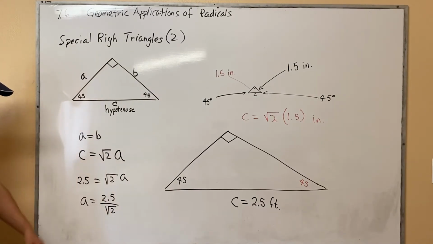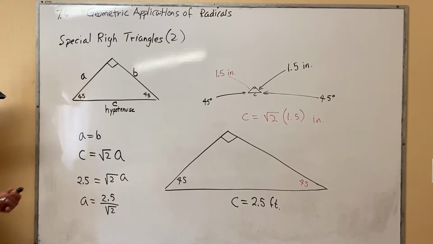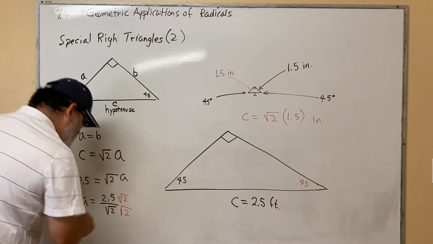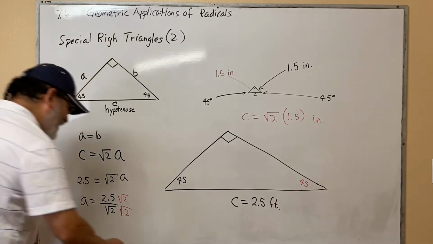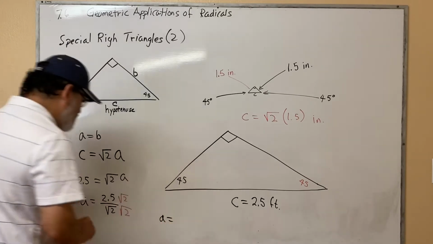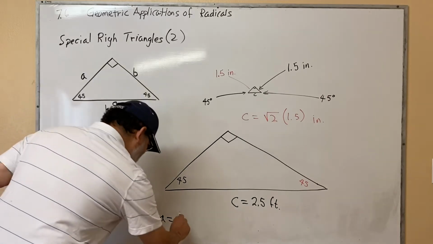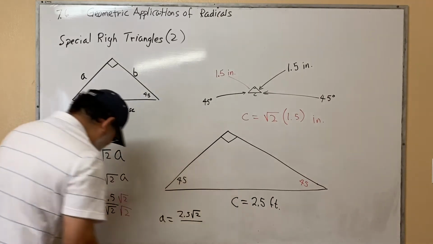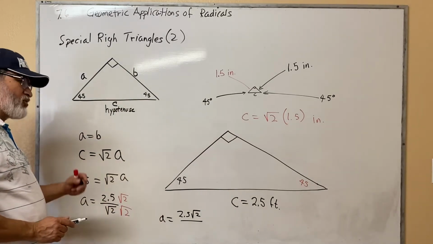If you want to take it further, get rid of this radical in the denominator. Multiply top and bottom by the square root of 2. So that A is going to be 2.5 times the square root of 2, over the square root of 2 times the square root of 2, which is the square root of 4, which is 2.